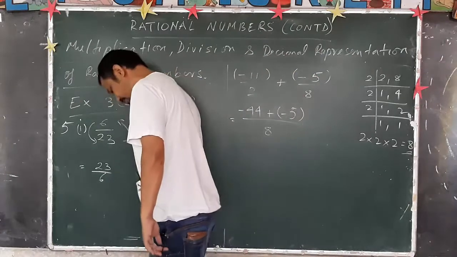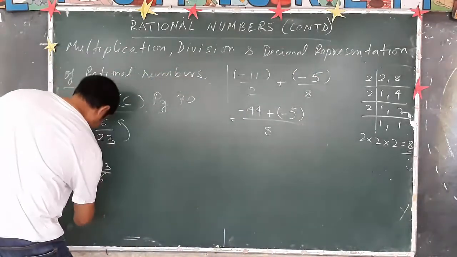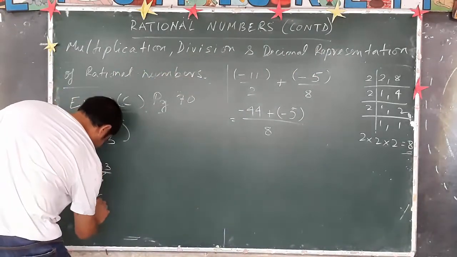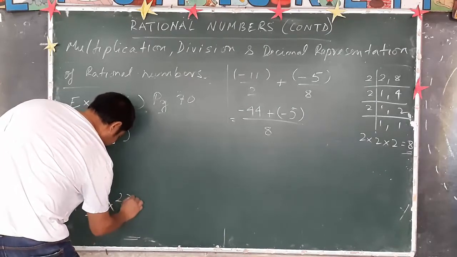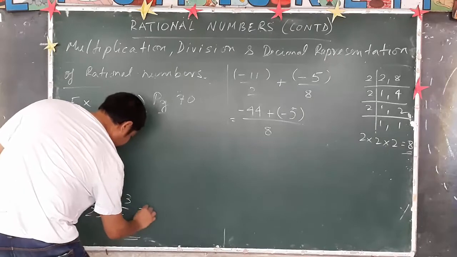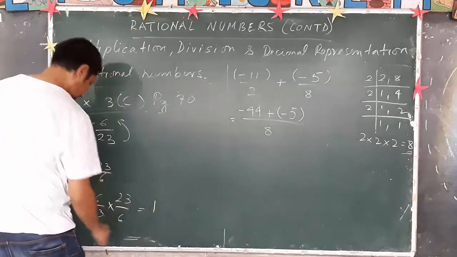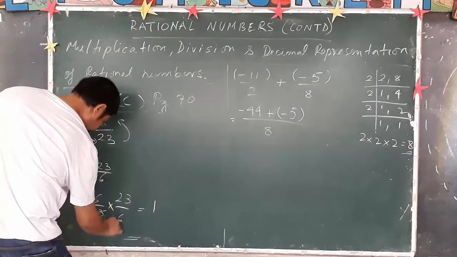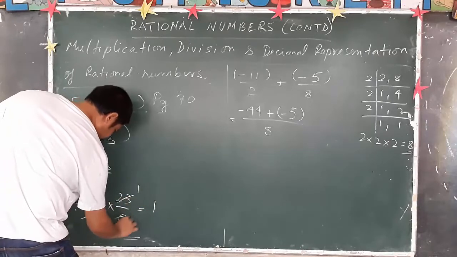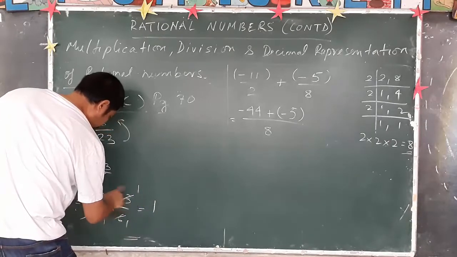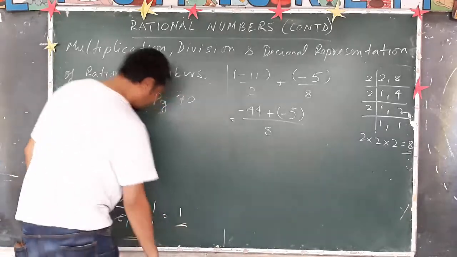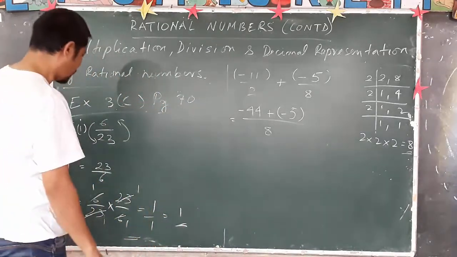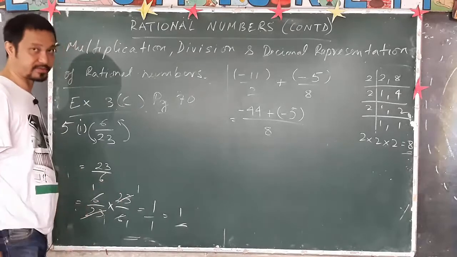How you can check whether your reciprocal is correct or not: you take the original number, multiply that by the reciprocal, and see whether that answer comes to 1 or not. Let's see. 23 ones are 23, 6 ones are 6, 1 ones are 1 upon 1. So this is how you can check whether a number is a reciprocal or not.